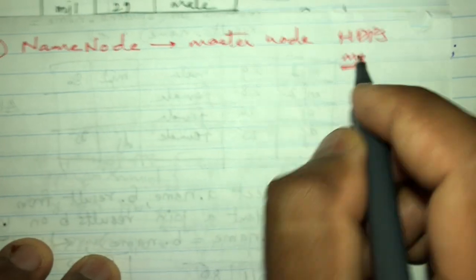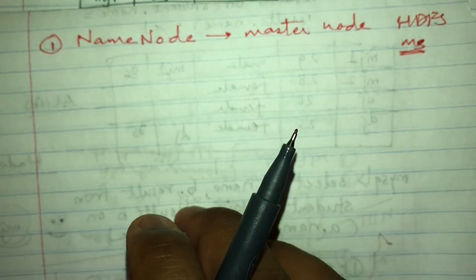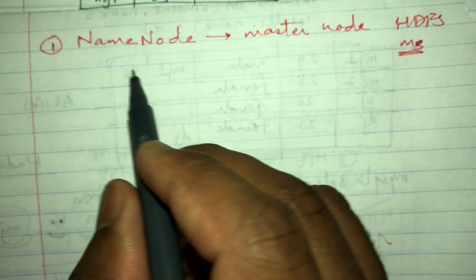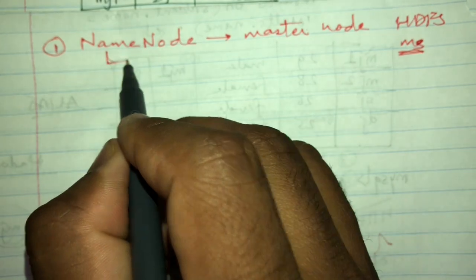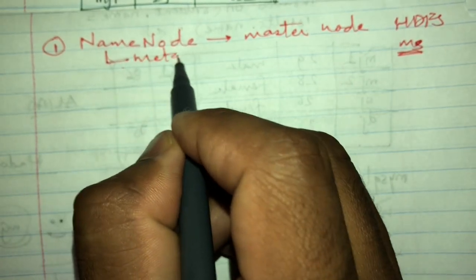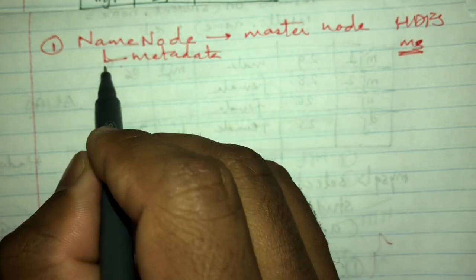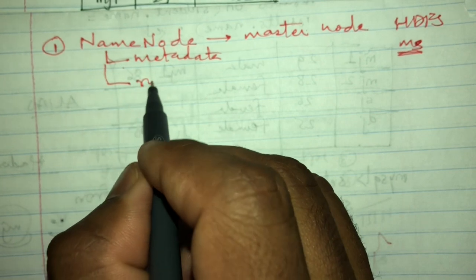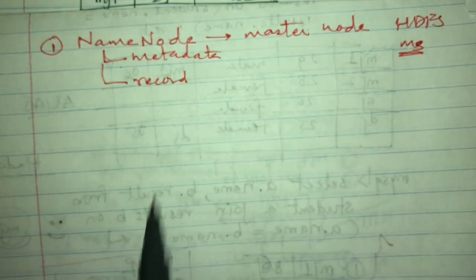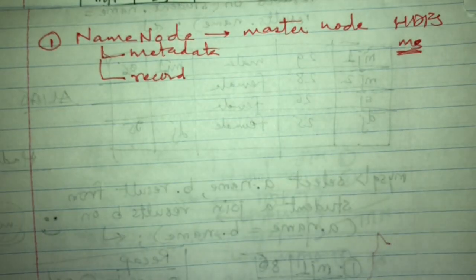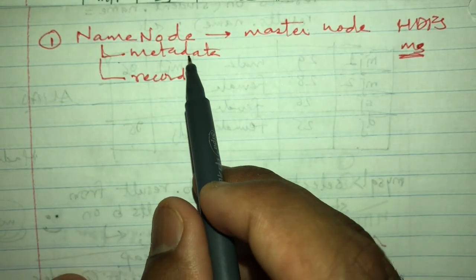So I'll just write it as MS. What I mean by that is the name node takes care of all the metadata information, and it takes care of all the record keeping, or it knows whether a particular machine is on or not, whether a particular machine is running low on resources or storage capacity, something like that.